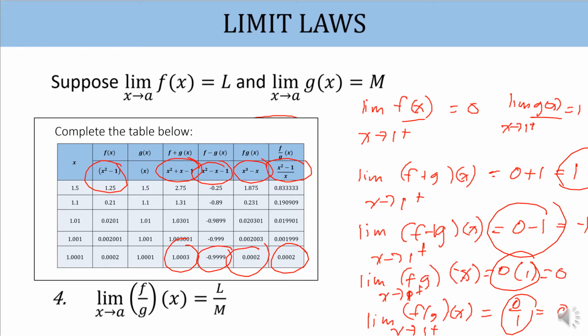So when we talk about limit laws, they're really shortcuts for us to find the limits of functions algebraically. We don't really need to do the graph or table values, but sometimes we would need to do that just to prove a point, not really to evaluate the limits that are given to us.